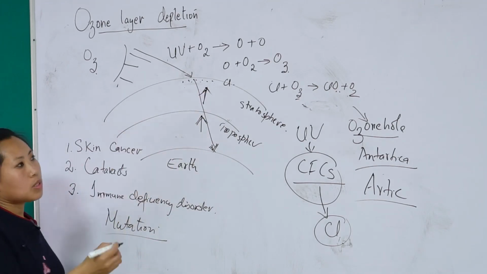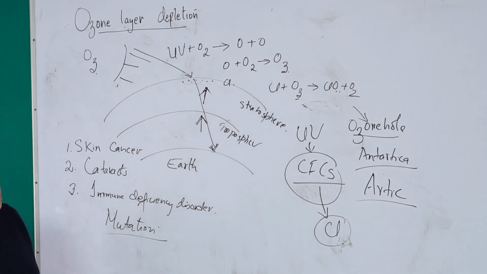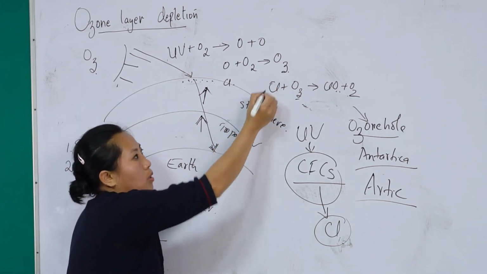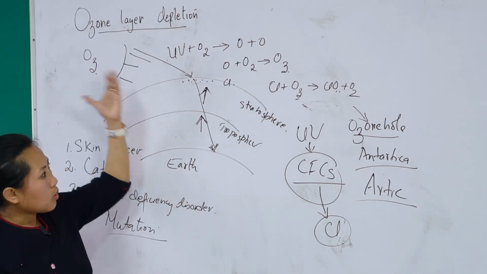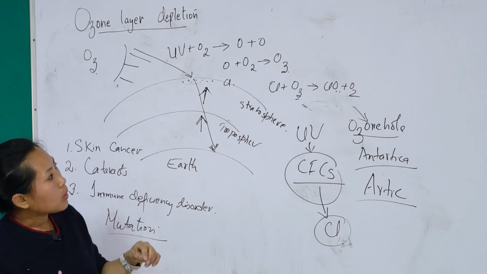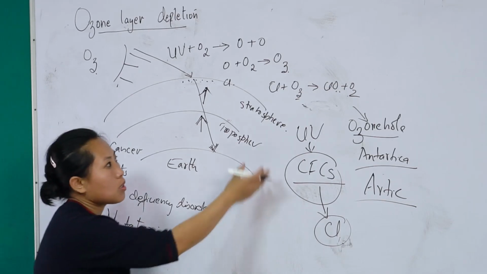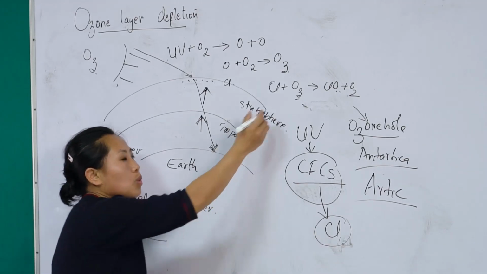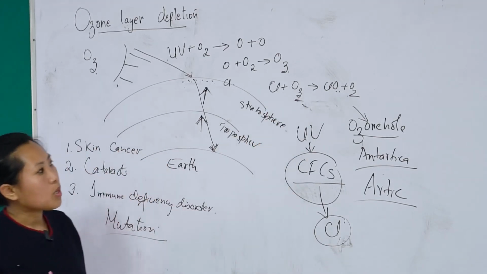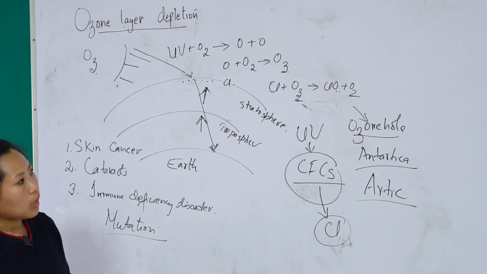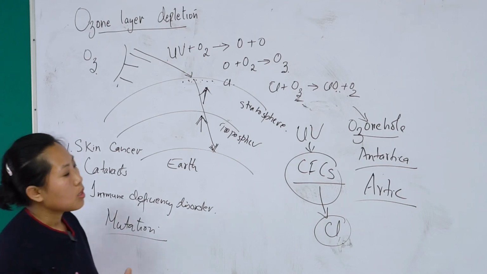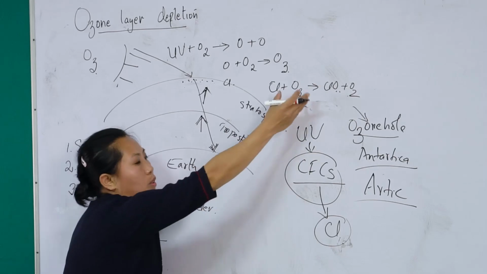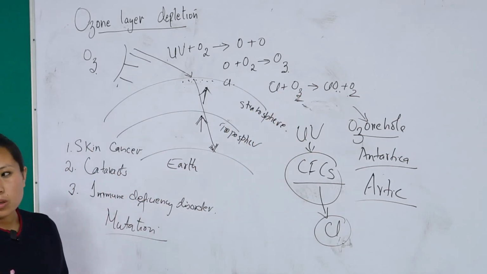Whenever the CFCs come in contact with or are irradiated by the ultraviolet rays, they break down, releasing a free atom of chlorine, and this will attack ozone, which breaks into chlorine monoxide and oxygen. This will go on to reduce the amount of ozone in the atmosphere.